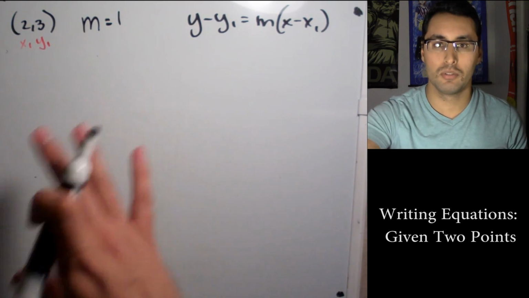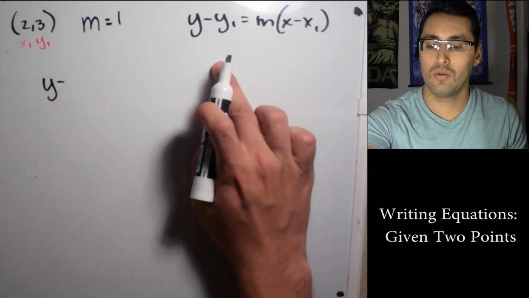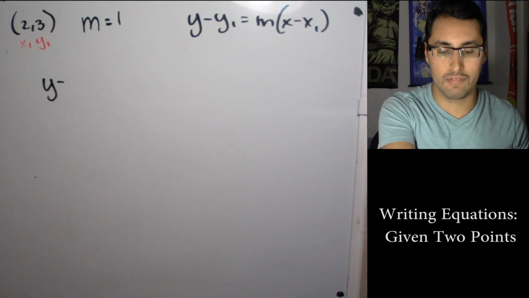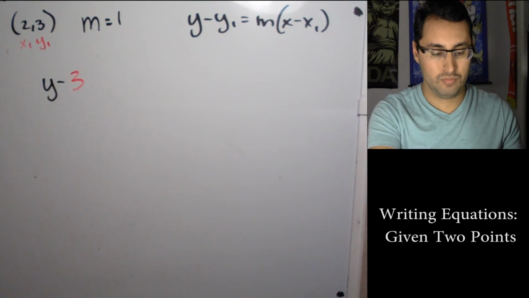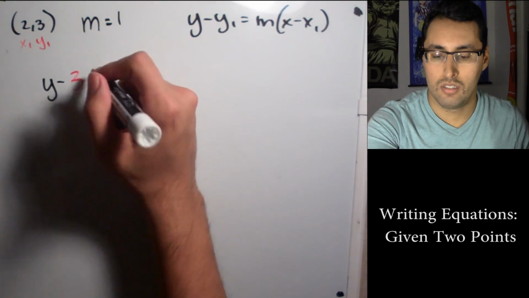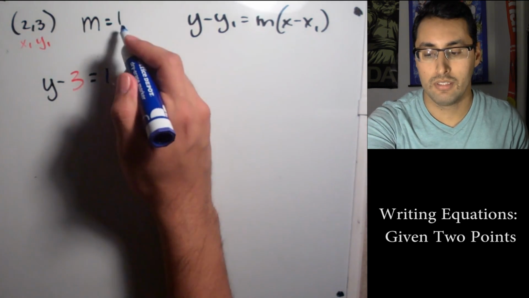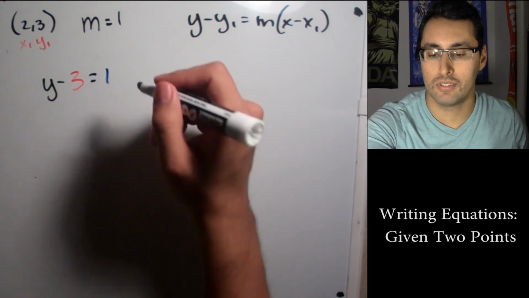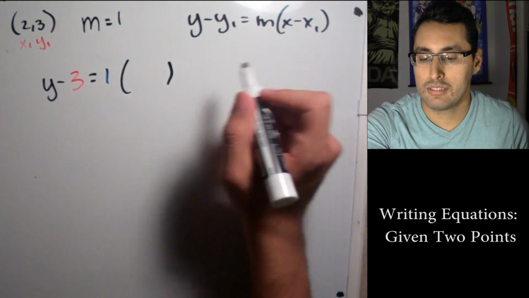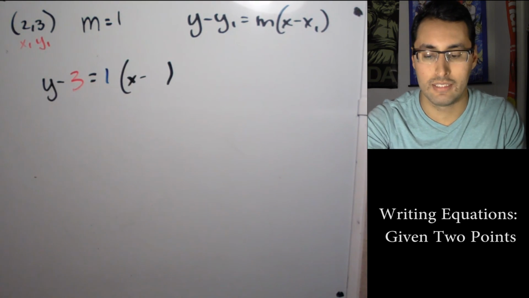Now we have all this room to play with. So y minus y1 is y minus 3, equal to m, which is +1, right over here, times x minus x1, so we'll put parentheses first, x minus x1, which is positive 2.